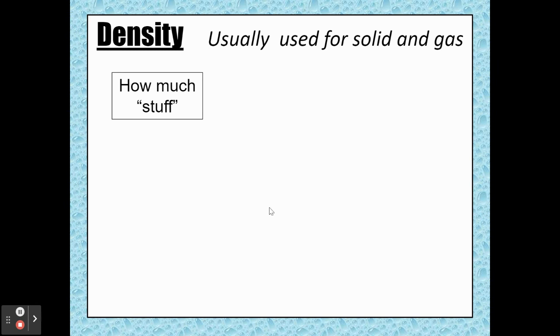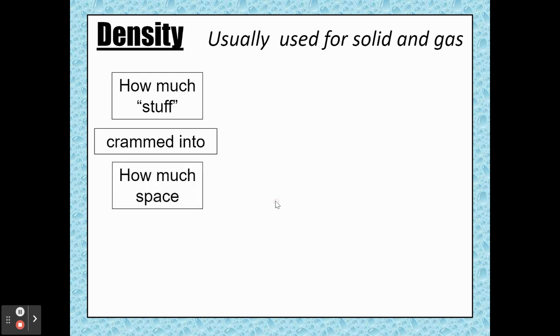We're thinking about how much stuff as one part of density, and the crammed into, like we're going to cram that stuff into a certain amount of space. How much stuff is matter or mass, and how much space is volume.